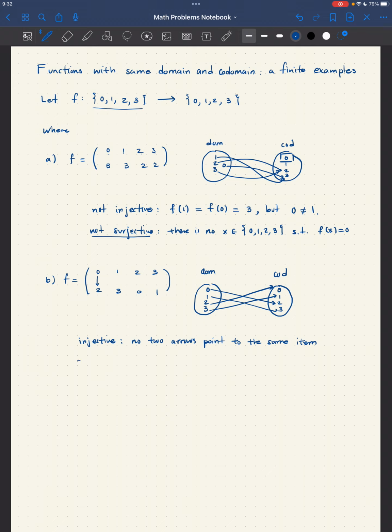What about surjective? Well, it is also surjective, as every item in the codomain is pointed to by something.